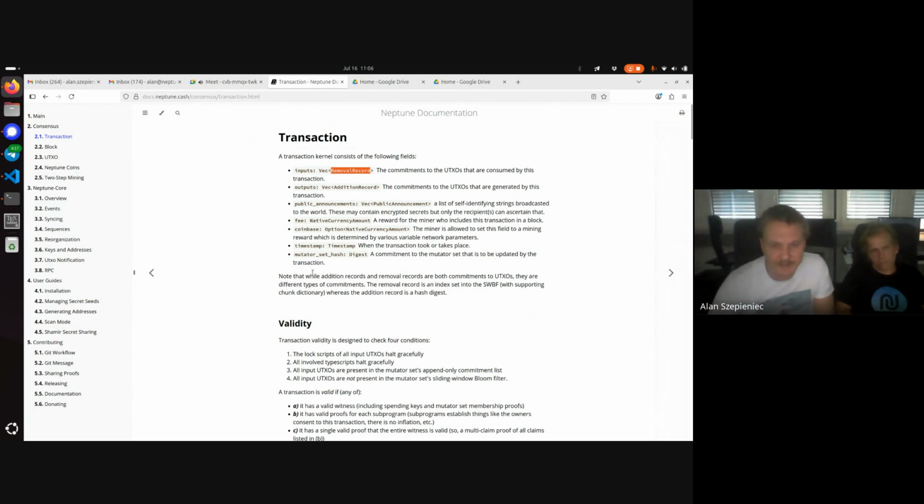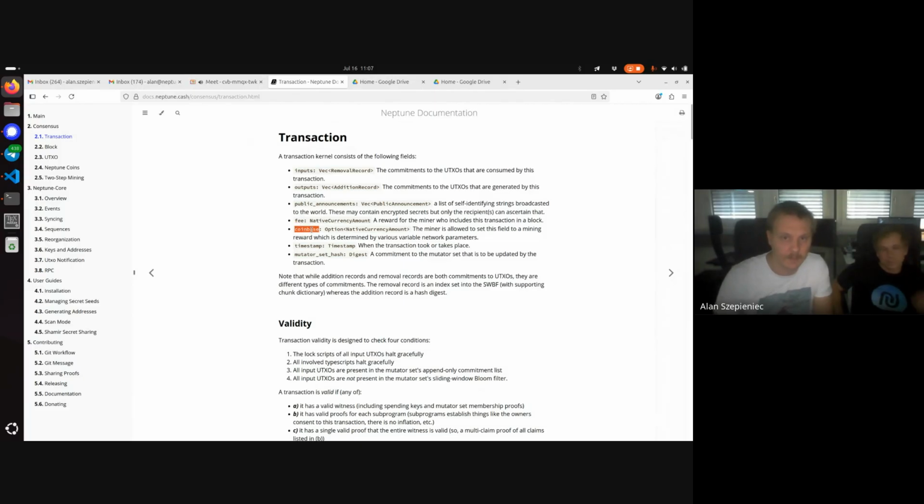Other fields in the transaction that you should be aware of are the fee, which is the difference in amounts between the inputs and the outputs, and it is an incentive for the miner to include your transaction in their block.